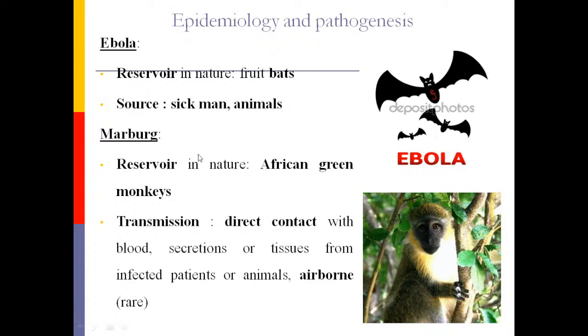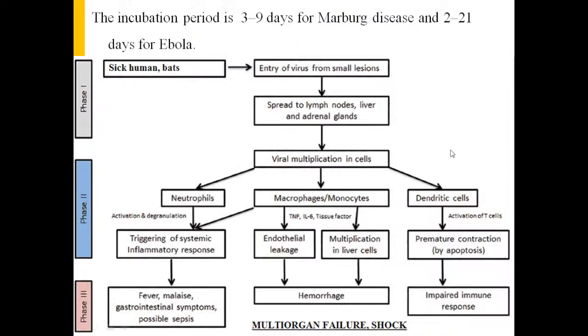So in nature it's African green monkeys, and it also may be transmitted from an infected human through contact with human body fluids that contain this virus: blood, secretions or tissues. Airborne is also present, but it's rarer than direct contact.